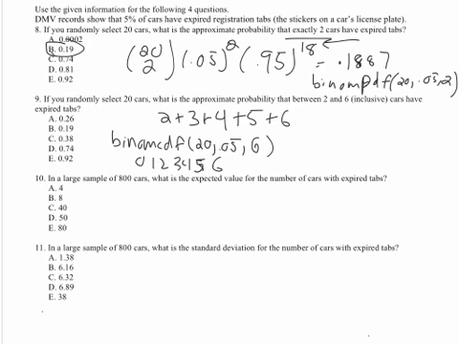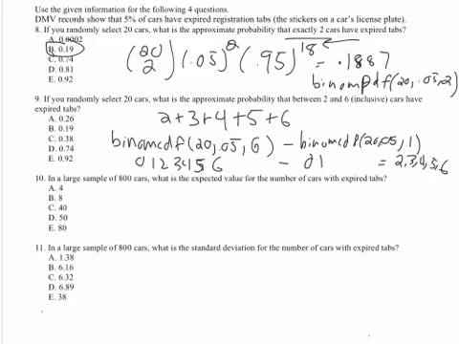But then I want to subtract a binomcdf(20, 0.05, and if I want to be left with 2, 3, 4, 5, 6, I better not subtract 2 off here. So the CDF I'm going to use is actually with 1, which would take away just 0 and 1, leaving what I wanted.